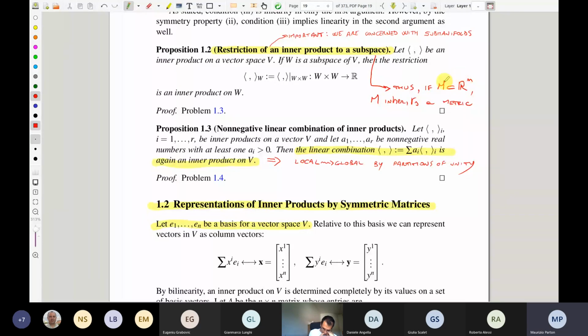So I will implicitly say, let M be a submanifold of Rn, and I will mean: take the metric induced on M from Rn.